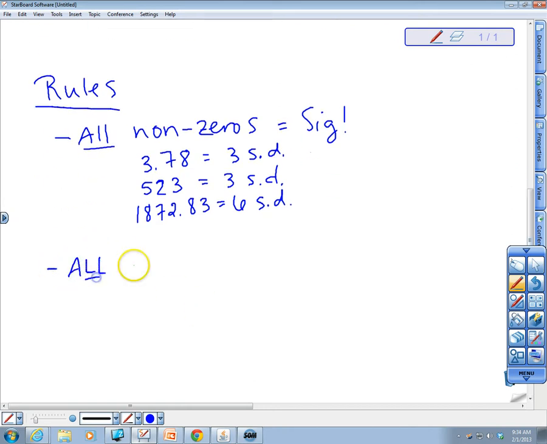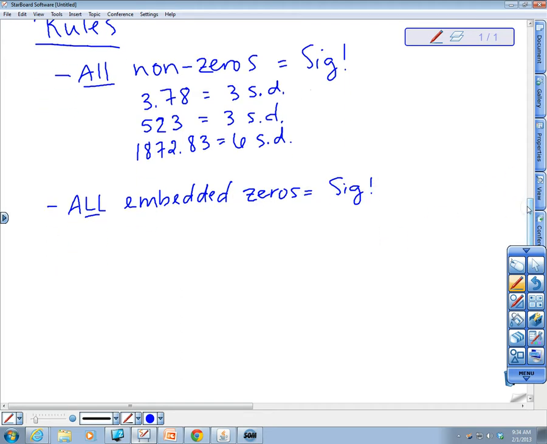All embedded zeros are always significant. Always. If it's embedded, it is significant. What do I mean by embedded? I mean surrounded by non-zeros.